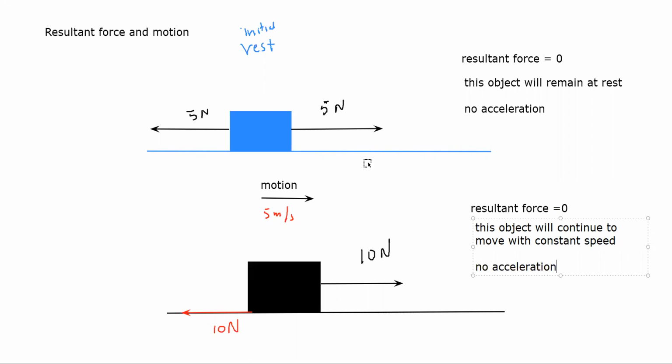So whenever the resultant force is 0, forces are there, but the resultant force is 0. If the object is stationary, it will remain stationary. If an object is moving, it will continue to move with a constant speed.